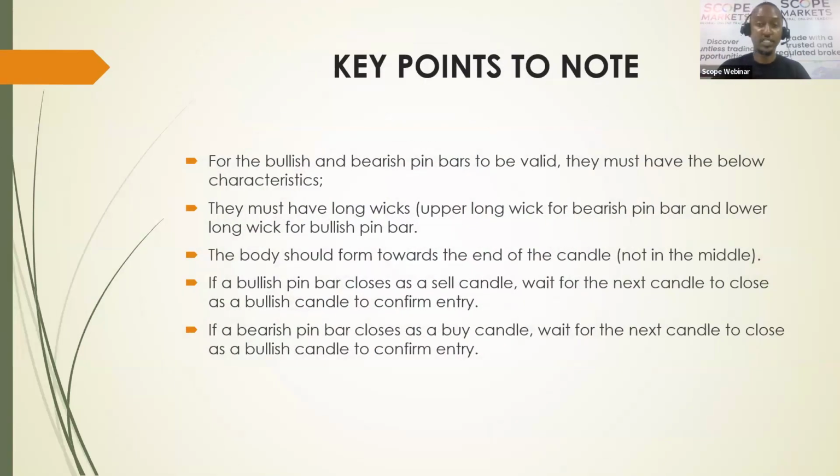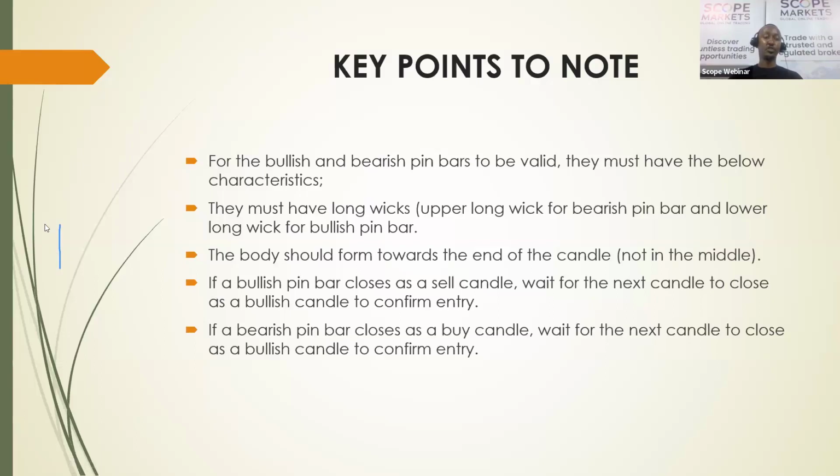So the key pointers, or the characteristics of pin bars, number one, like I've said, they must have long wicks. If it's a bearish pin bar, it must have long wicks from above. If it's a bullish pin bar, it must have long wicks from below. Number two, the body should form towards the end of the candle and not in the middle. So it can form either towards the end or at the end.